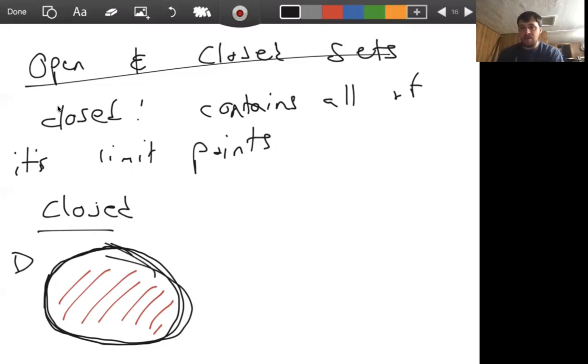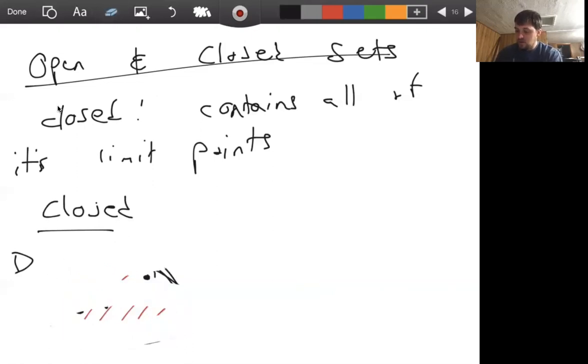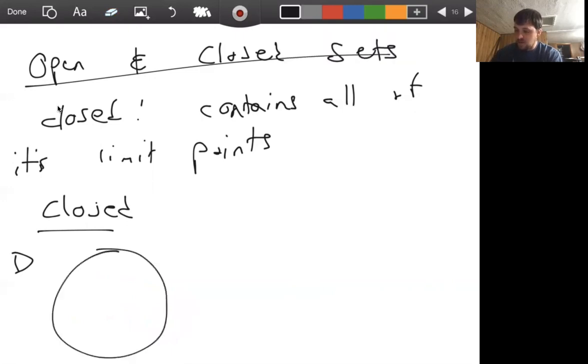And what I mean by a limit point is you take any sequence of points that you can possibly construct. Obviously, there's a lot of them. So you define a sequence of points in your domain, and any possible limit of this sequence in a closed set is attainable, meaning the limit points belong to the set itself.